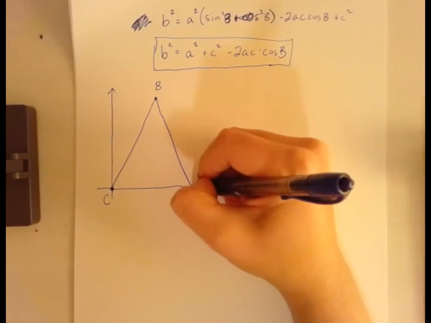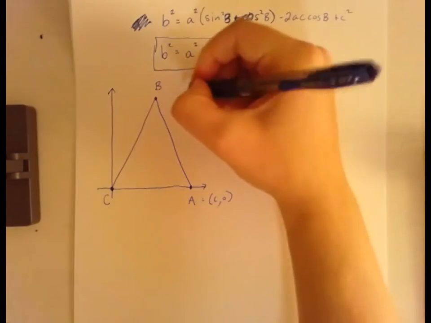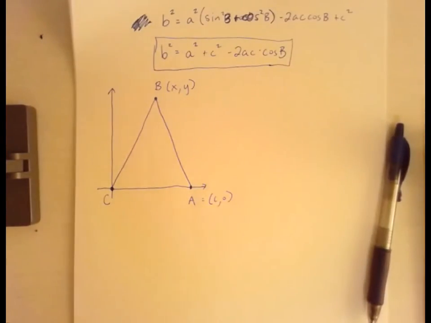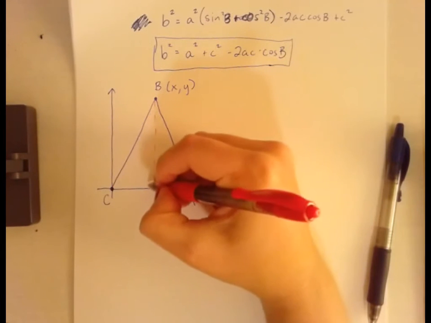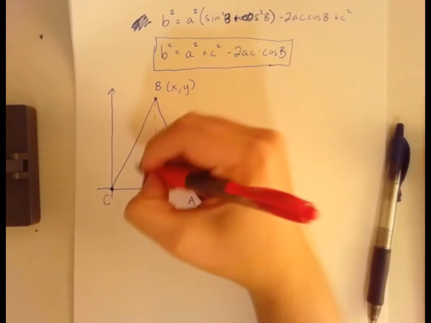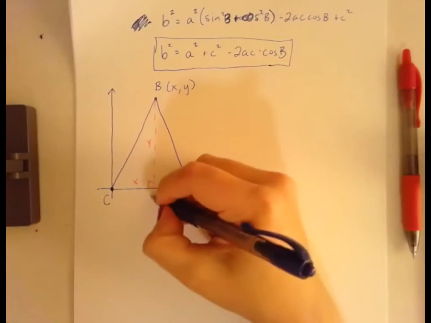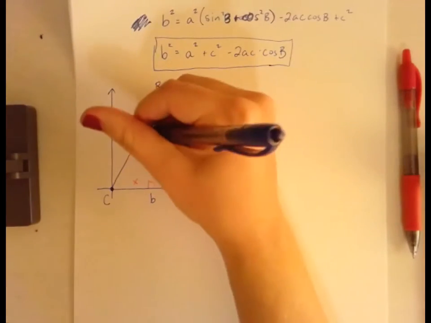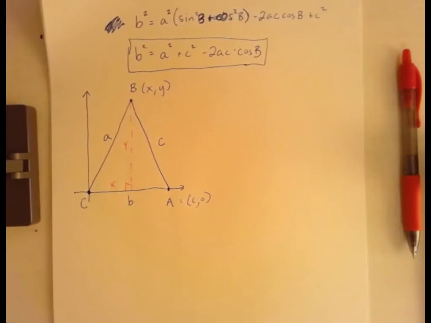Draw out that triangle. A is now the coordinate C,0. B is the coordinate X,Y. We have the height Y, that length X, side B at the bottom, side C on the side, side A on that side. Okay, everything's all labeled.